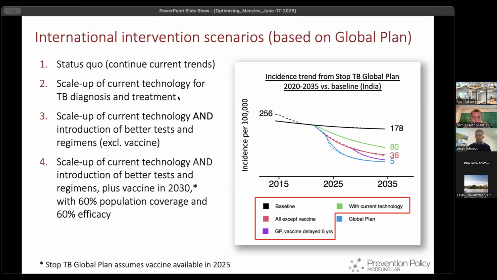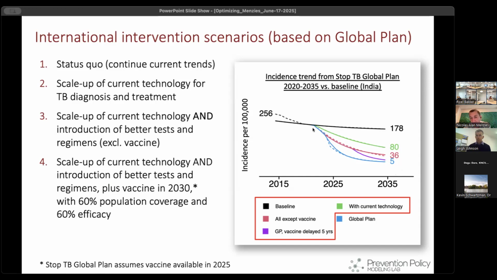In the green, this is saying, okay, well, what if we don't get any new technology? What if we just see a scale-up of current technology? In the red, this is saying, well, what if we scale up current technology and anticipated new technology with the exclusion of a TB vaccine?